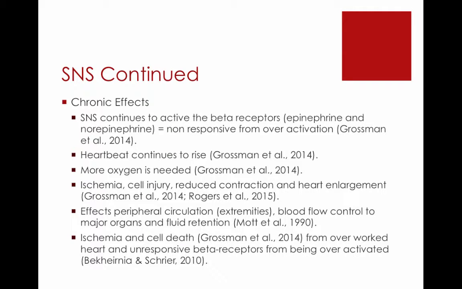This will increase the heart rate, causing the heart to work more, increasing the need for more oxygen. The chronic effect of an overused heart is ischemia, cell injury, reduced contraction, and heart enlargement, which we'll talk about in the next section.